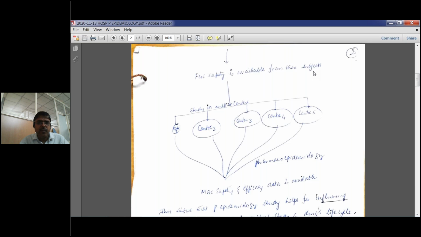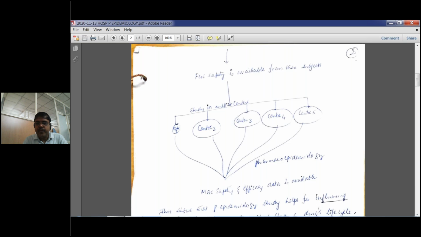Now, such drugs can be studied in different centers. You can see here center number 1, 2, 3, 4, and 5. So when you subject the molecule to different centers, more safety and efficacy data is available for the new drug.